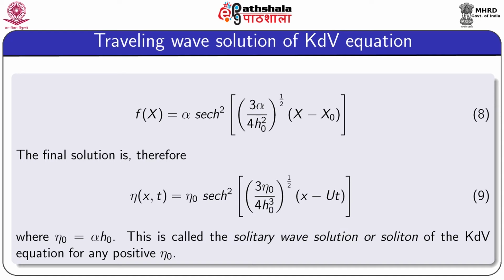So, equation 9 gives the solution of the nonlinear KdV equation, and this solution is called the solitary wave solution or soliton. If you observe the solution, you can see that this represents a single hump.